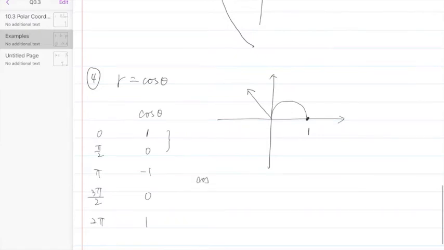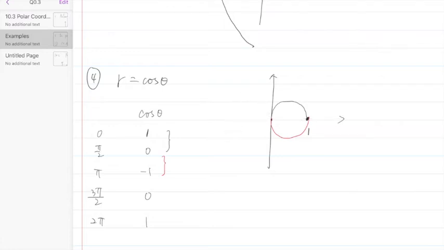Now the second piece, your angle is here, for example, but your r should be negative because cosine theta, for this period, is negative. It went from 0 all the way to -1. So at first you start from 0, and eventually when you are here, which is pi, your r is -1. That means you take this angle pi, but go opposite for 1. You reach here.